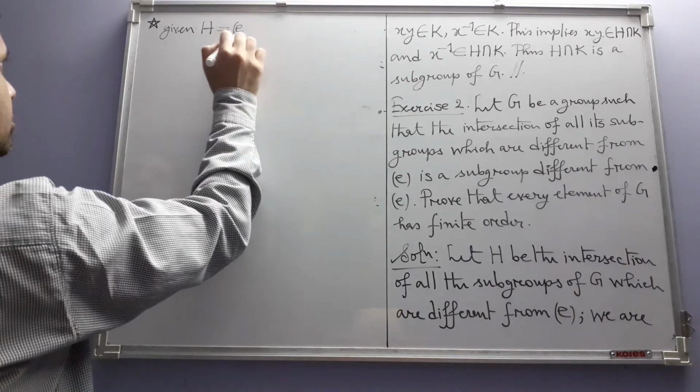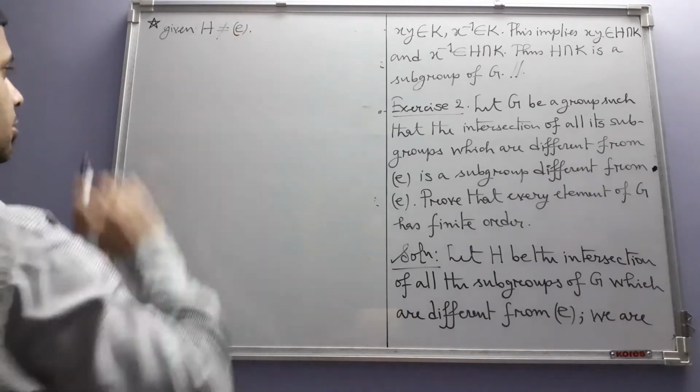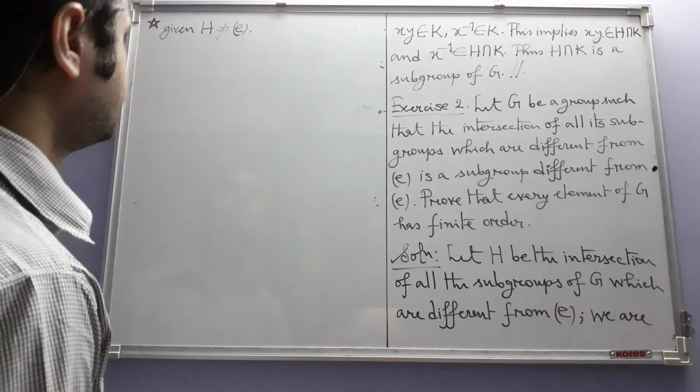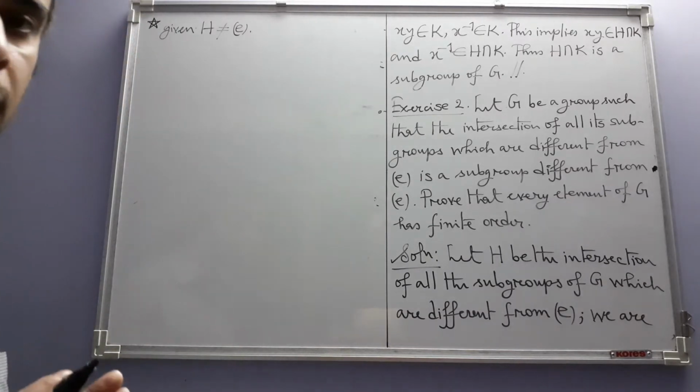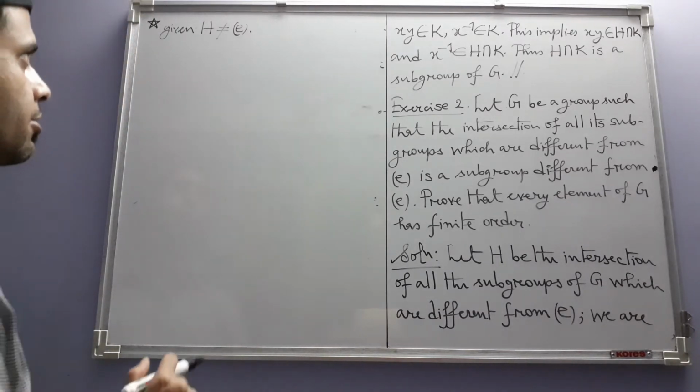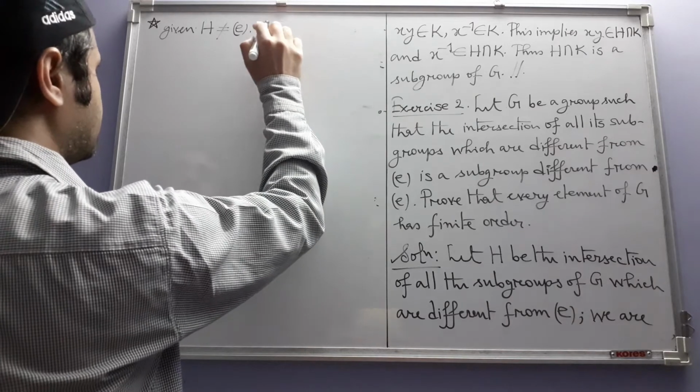That H is not equal to the trivial group. That means H has at least one non-identity element. So let us choose one such element.